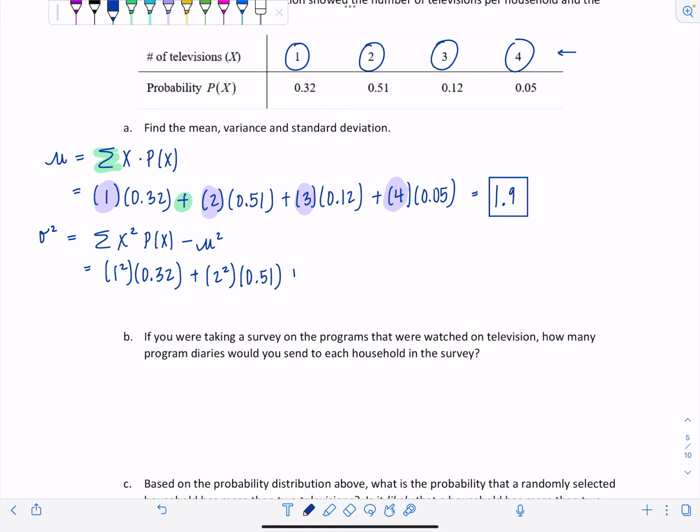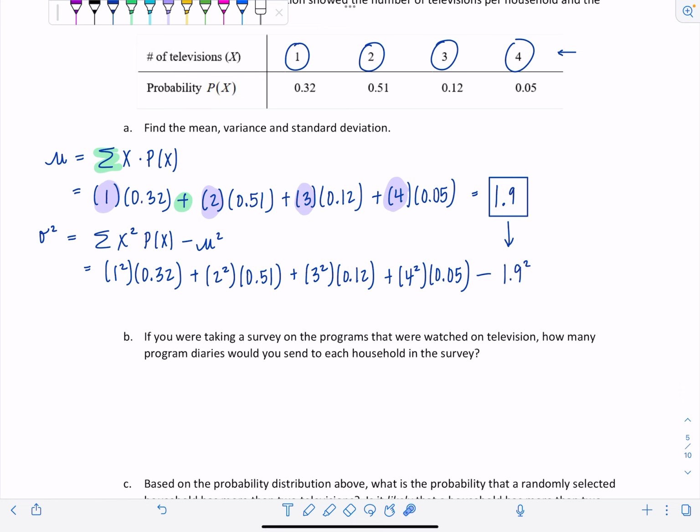Keep it going, plus 3 squared times 0.12 plus 4 squared times 0.05. You see how it's working? And then last thing, you subtract mu squared. Oh, it's 1.9 squared. Okay?